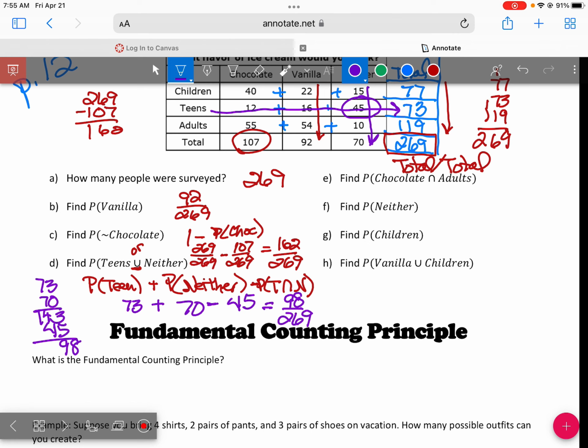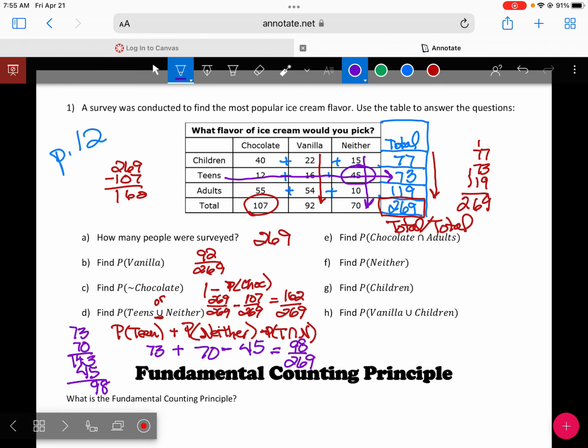So everybody see how I did that? When you have the union, you want as many union people as you can. So you add each of them individually and you subtract the intersection. Same thing here for chocolate. See if you can do that one on your own.